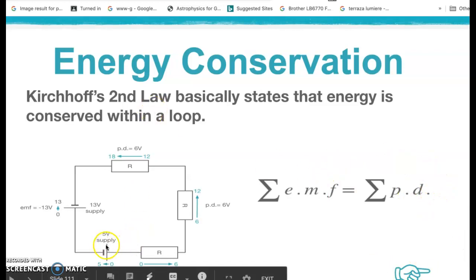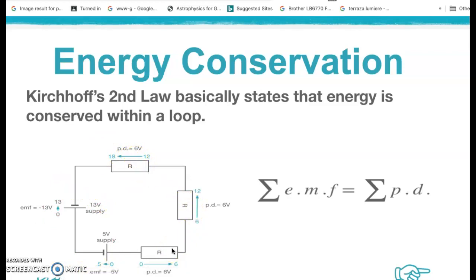So here we have a loop, and you have energy supplied by batteries. Here we have 5 volts of energy per unit charge plus 13. So that gives us a total EMF of 18, right? And then we have some PDs here.